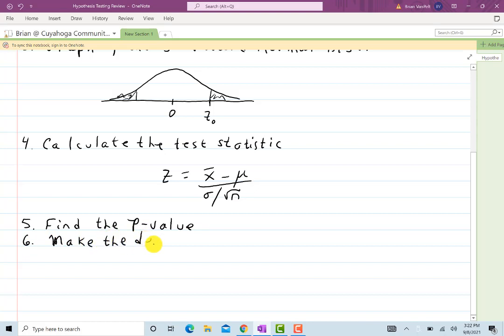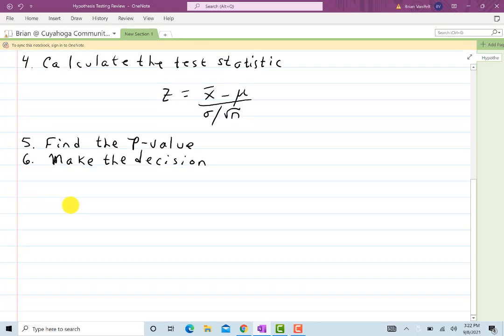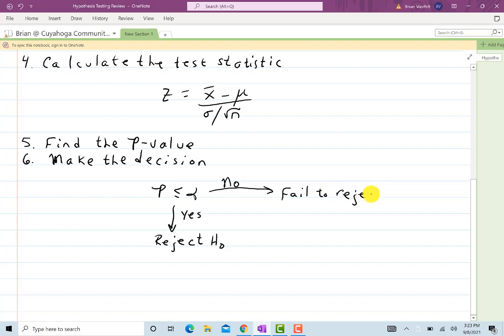That's whether to accept or to reject H naught. And what's nice about this is once you have a p-value, you can simply look at the p-value versus alpha. So if p is less than or equal to alpha, we will reject H naught. However, if that's not true, we will fail to reject H sub 0.